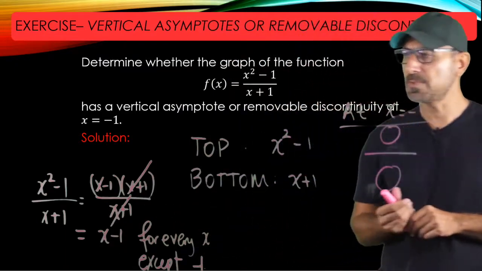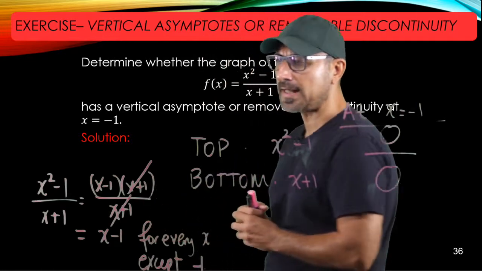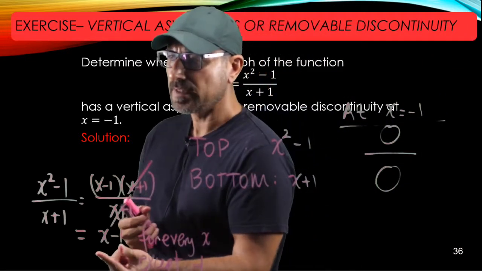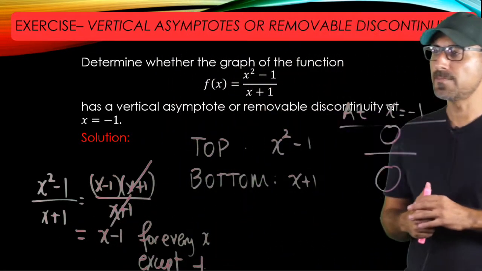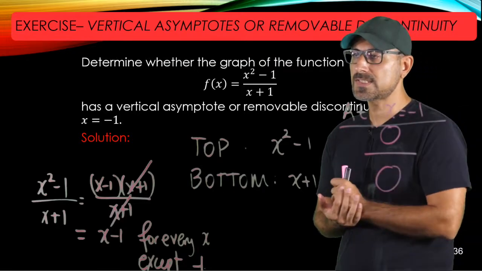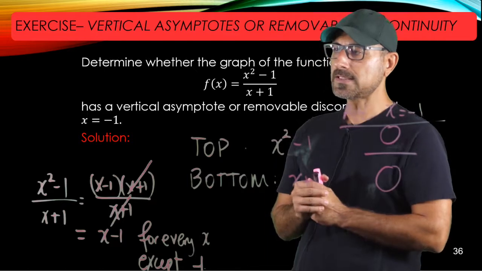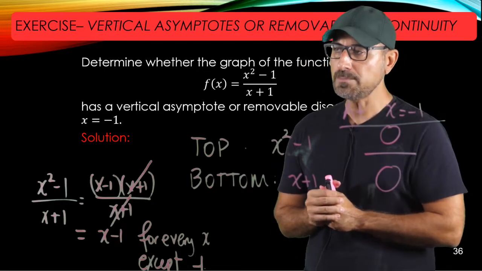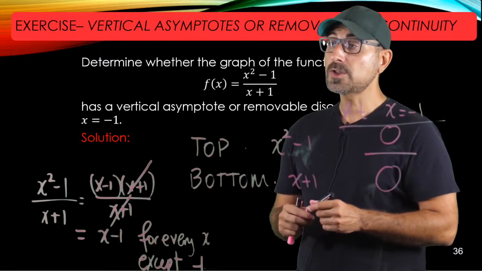That's good news because this function can be simplified into x minus 1, and this function is perfectly defined at x equals negative 1. That essentially tells us that we do not have a vertical asymptote at x equals negative 1, but we may have a removable discontinuity because we can redefine the function so that we can make the function continuous.